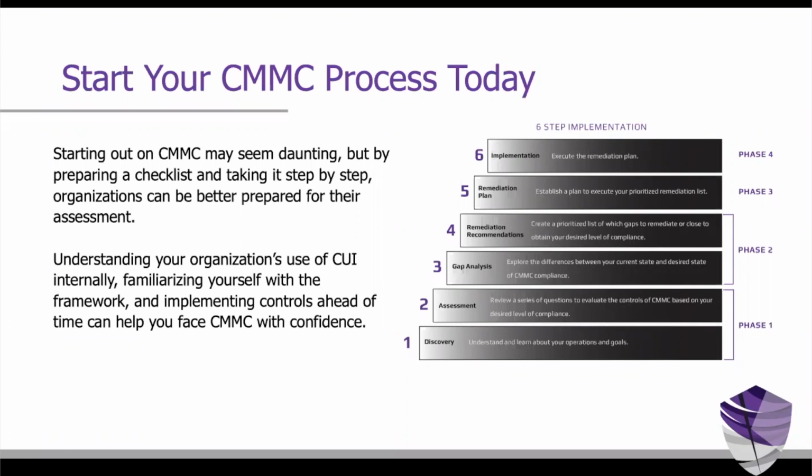It's been changed. So now what we're talking about is they're looking at weighting every item on the control list, on those 110 practice areas that we talked about on level 2. And if it is not a critical item, they are willing to accept a POAM, a plan of action for remediation.